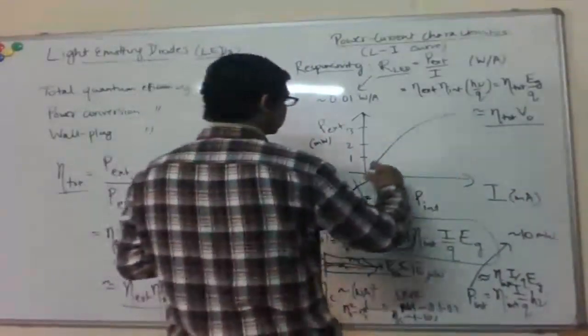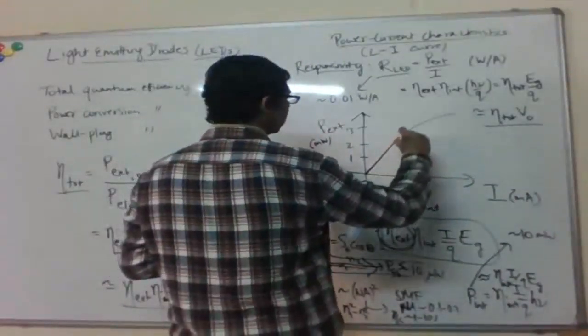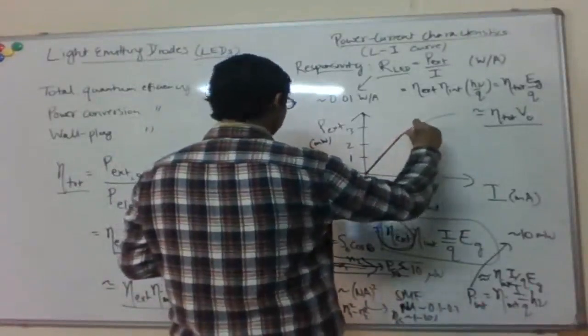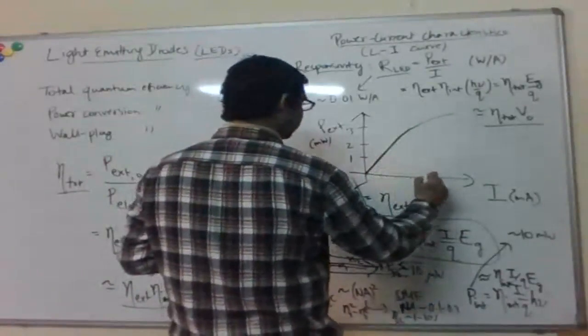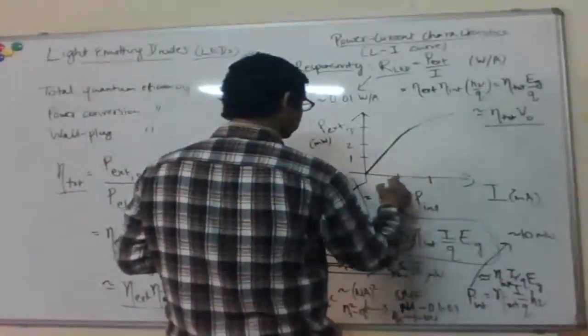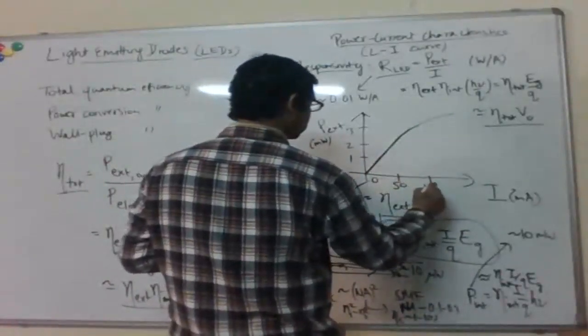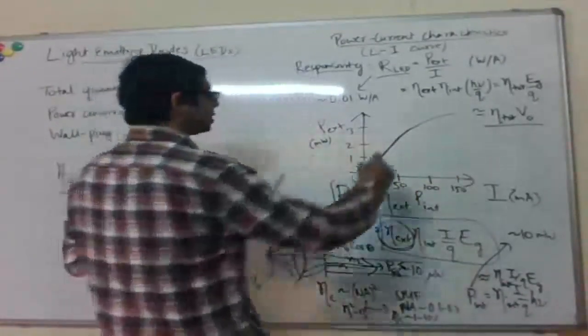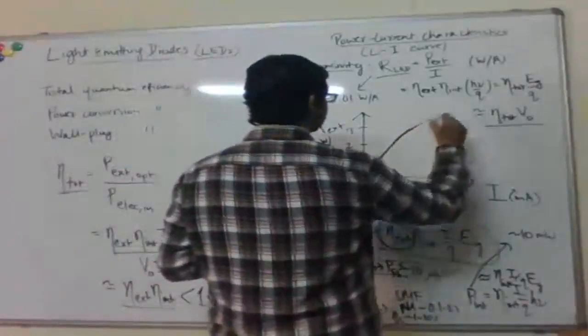First of all, this linear characteristic only works until a certain current, which is typically roughly 100 milliampere, after which this curve starts saturating.